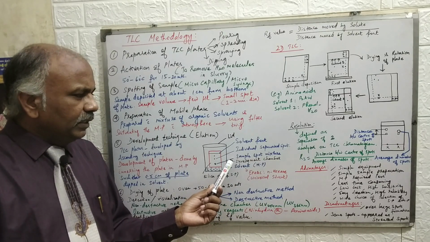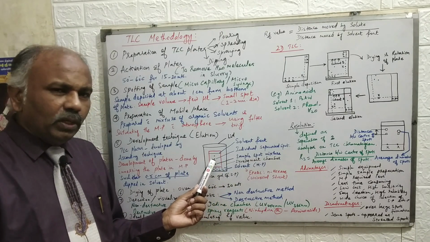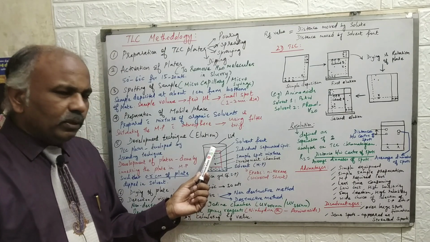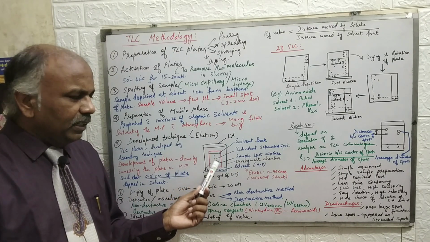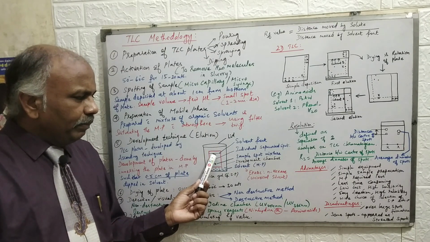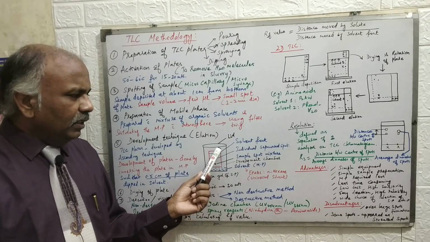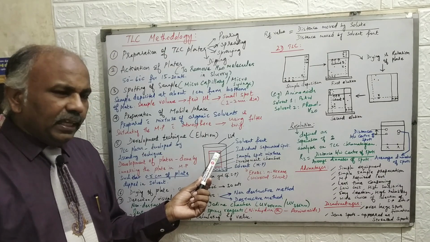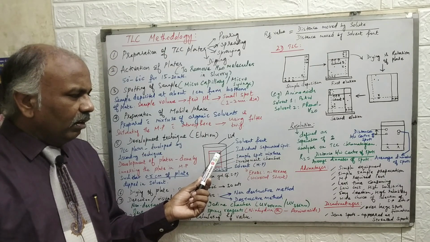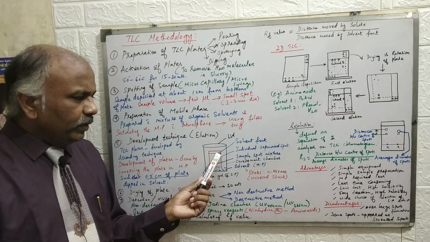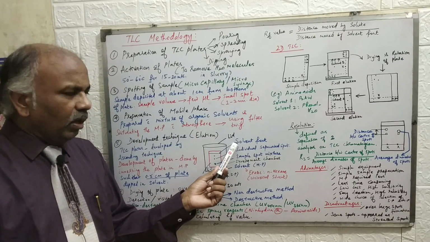Then we have this sample spot mixture, and once the solvent flows through the TLC plate by capillary action in ascending direction, the sample gets separated, right? Individual separated spots will be there. Whichever area the solvent is moving up to is called the solvent front, right?